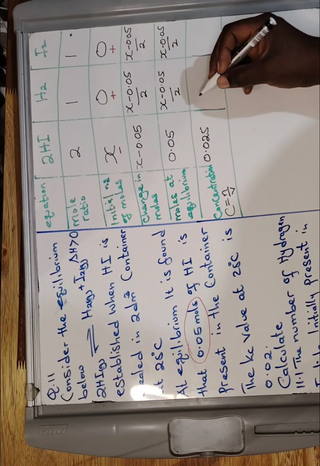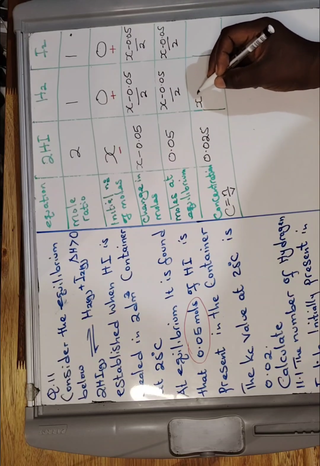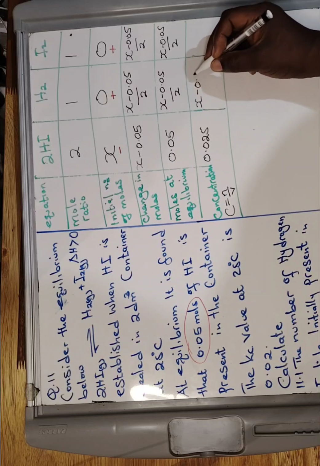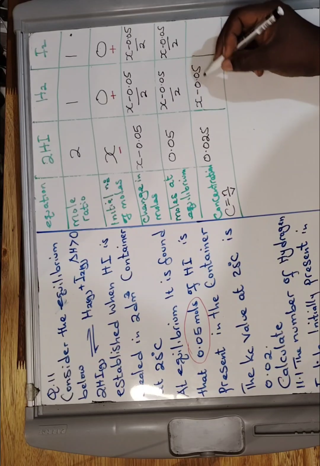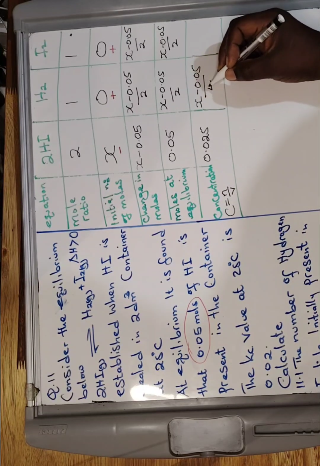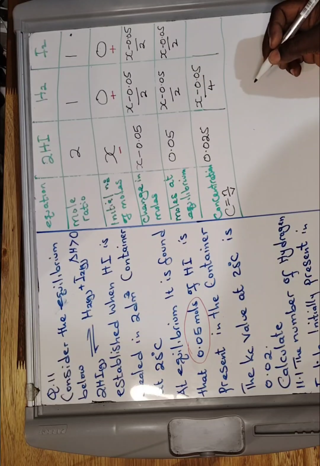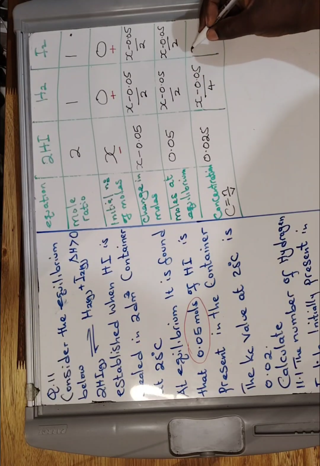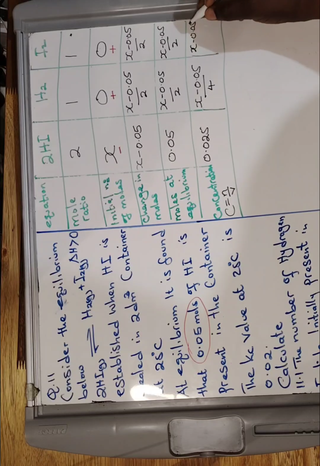When you divide this by 2, you'll get X minus 0.05 divided by 4. And this one is going to be the same, X minus 0.05 divided by 4.